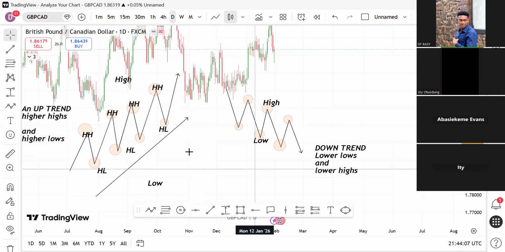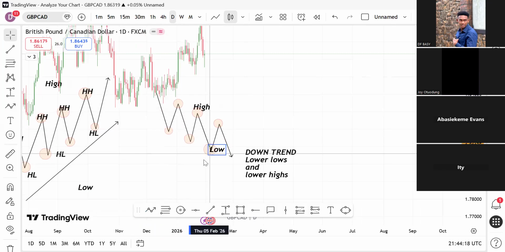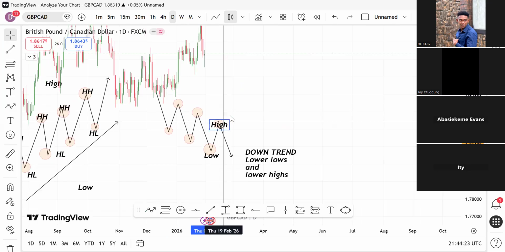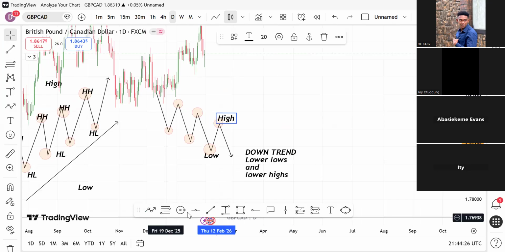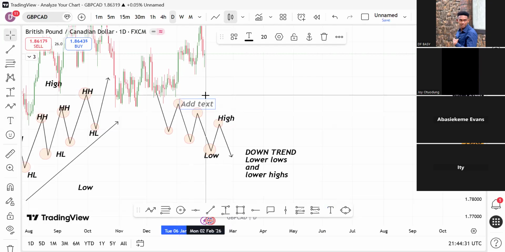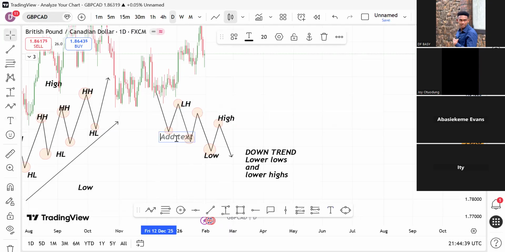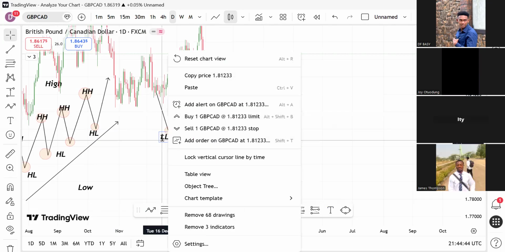Then let's go to the downtrend. In a downtrend, the market keeps on creating lows. So these are lows. This is a low, this is a low, this is a low, right? While these are highs. So get the basics. Don't get confused. If you're confused at some point, let me know. So this is a lower high.